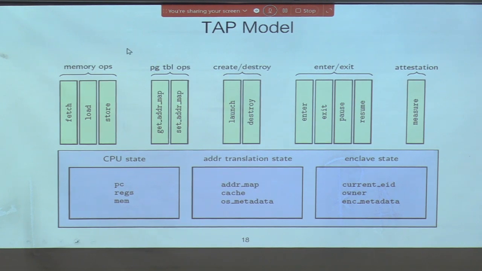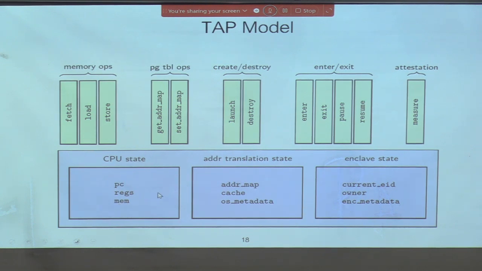On the left, we model the memory operations, standard memory operations. You can think of these models as extensions of ISA level descriptions, where in an ISA specification for x86, let's say, you would say what a load does, what a store does, etc. Here we would do that in terms of its impact on the abstract CPU state, but also in terms of its impact on these two things.